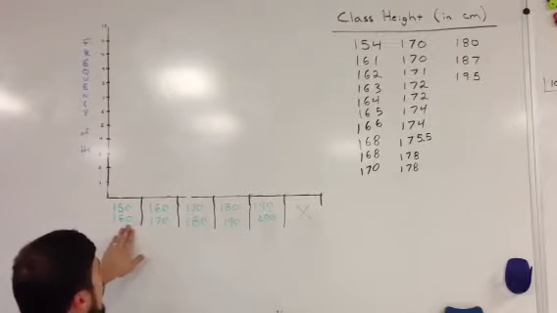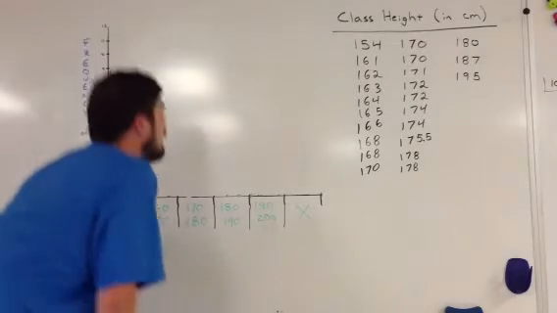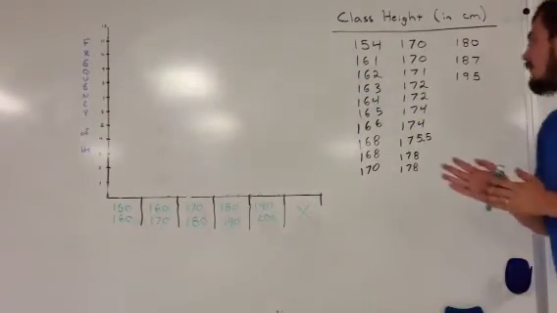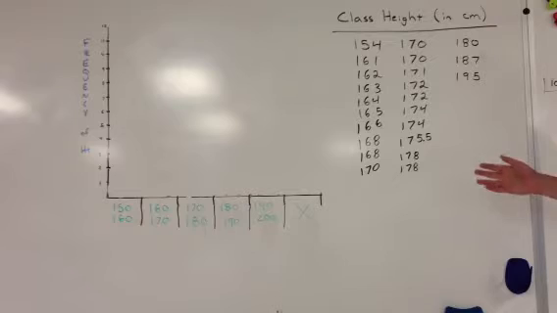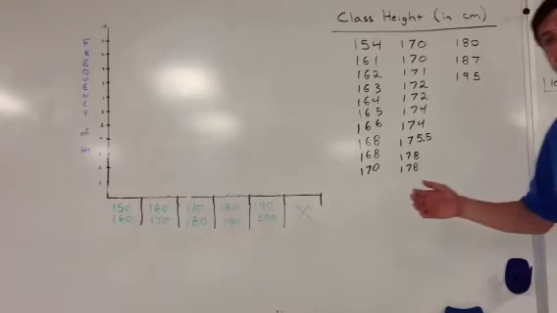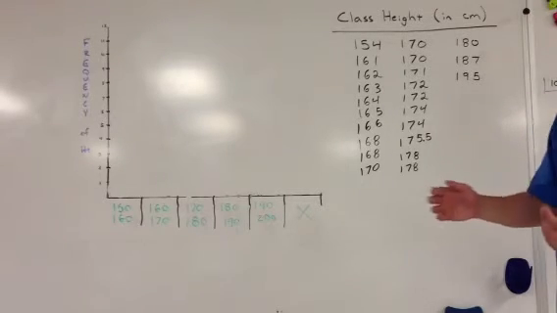So I'm going to take 150 to 160 centimeters. I'm going to go to my fictitious class. I took 23 different people and I said, you're all in my class. How tall are you in centimeters? I want to do centimeters as opposed to inches so that I can get a little bit more variance in my data, a larger spread.